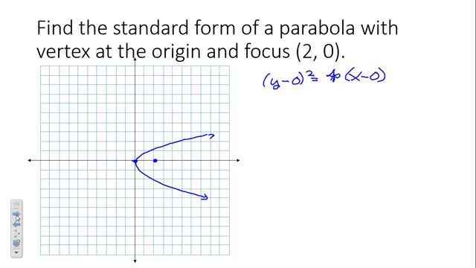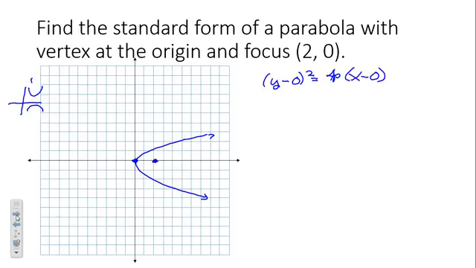Good question. How do we know it's going to be y squared? So when we were told the vertex is at (0, 0), and we were told the focus, we know that the focus is always inside the parabola, and it's along this axis of symmetry. Okay, so once we know that this is our focus, we know that we have to be opening sideways. And when we open sideways, this is new to us, right? We've always dealt with parabolas that either open up or they open down.